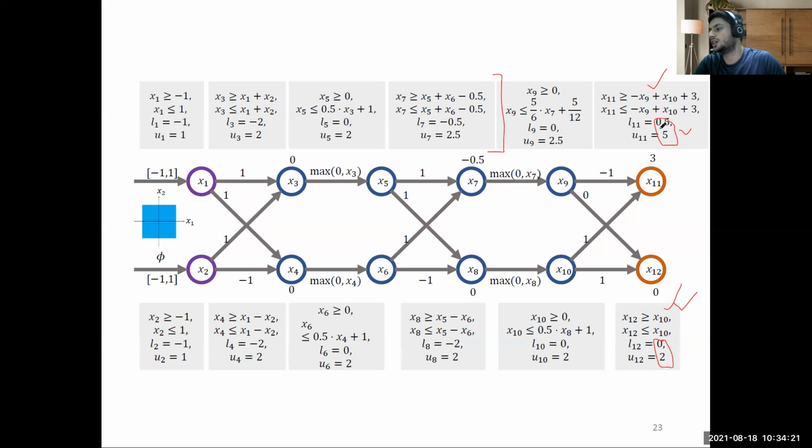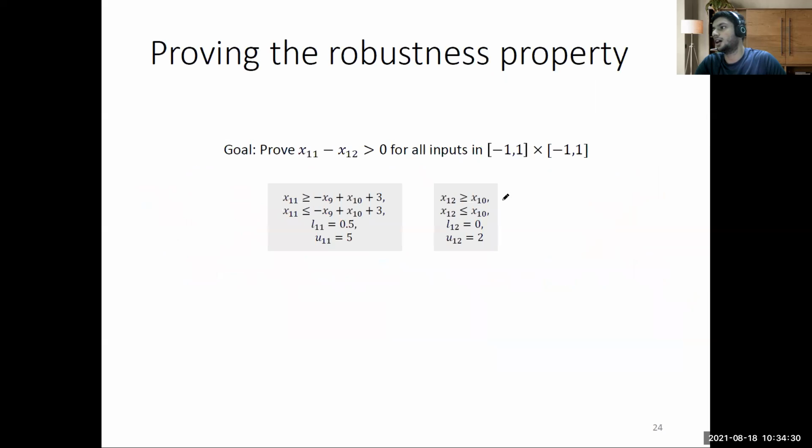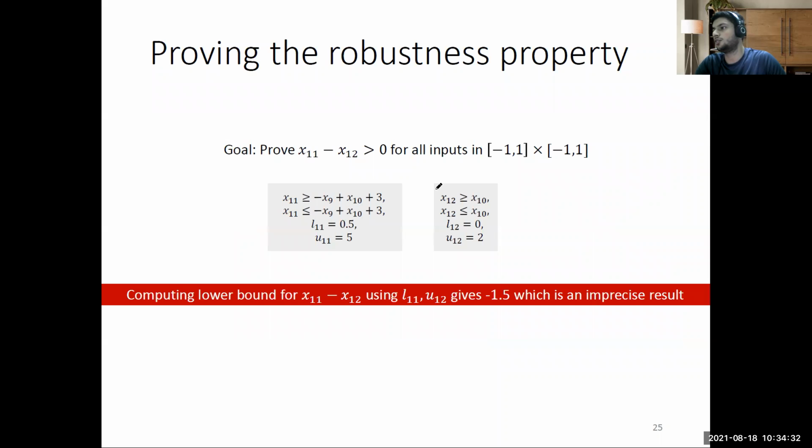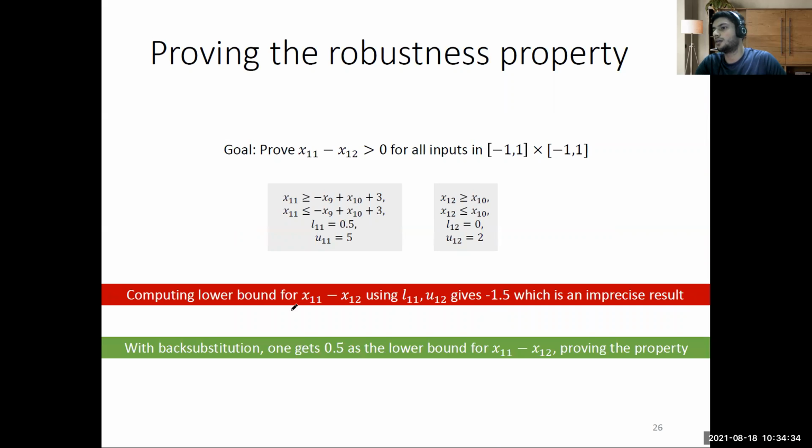So the bounds you are seeing here are not because of back substitution, they just leverage the values from the previous layer. But what they're saying here is that if you again use back substitution, you will get x11 minus x12 will always be greater than 0.